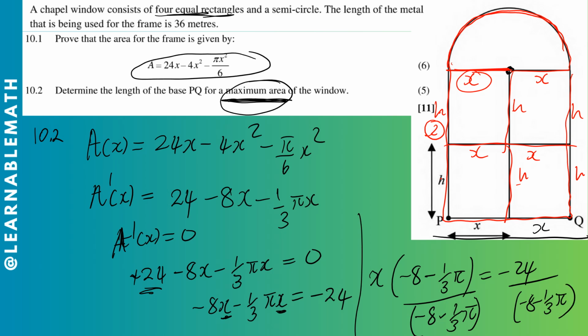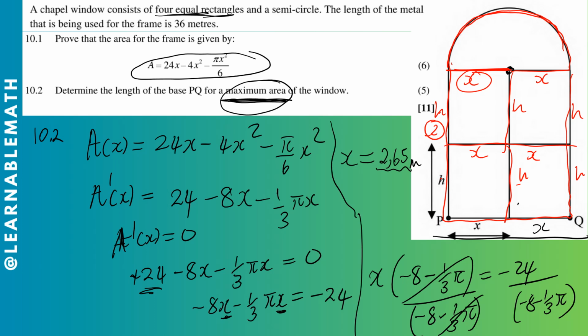Then we can just punch the calculator and finally get the value of what? The value of x. All right. Okay, so when you press the calculator, x will be 2.65, right? If you round it to 2 decimal places, remember this is the length, it's in meters, right?